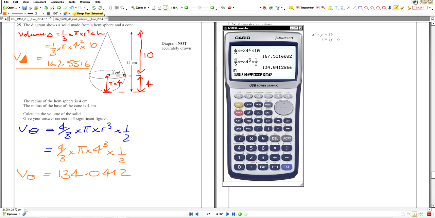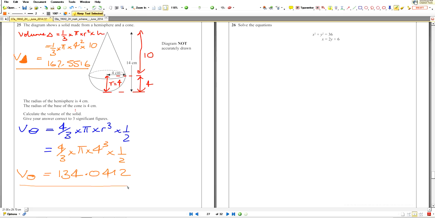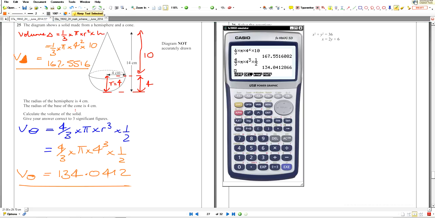Let's double check that. Now we need to add up those two values, the first one and the second one, to get our final answer. The question says here, calculate the volume of the solid. So we need to add them up. So we get shift answer, which is the one here.